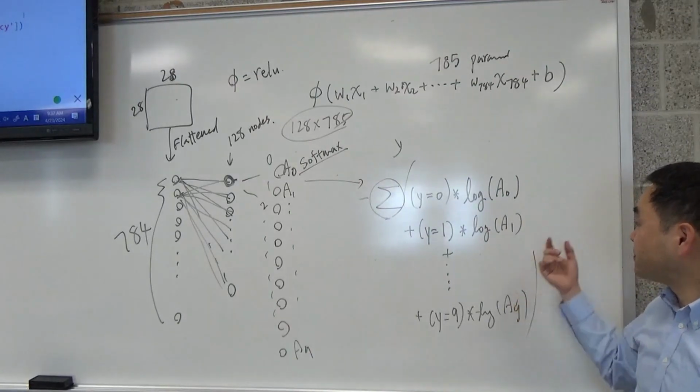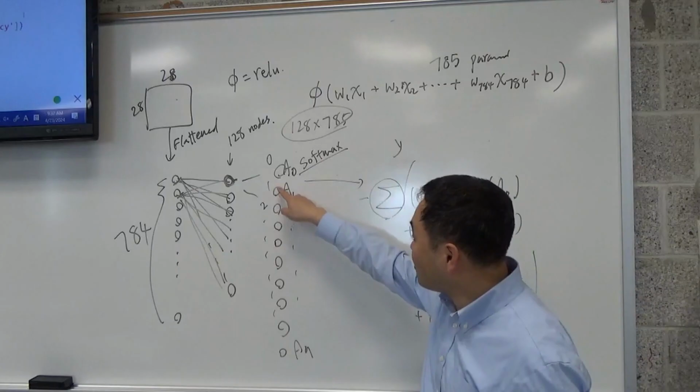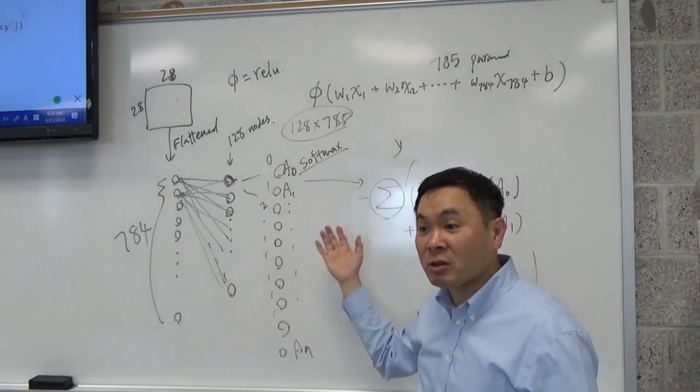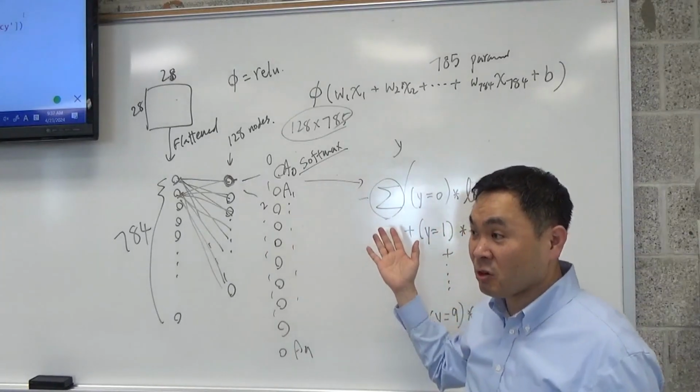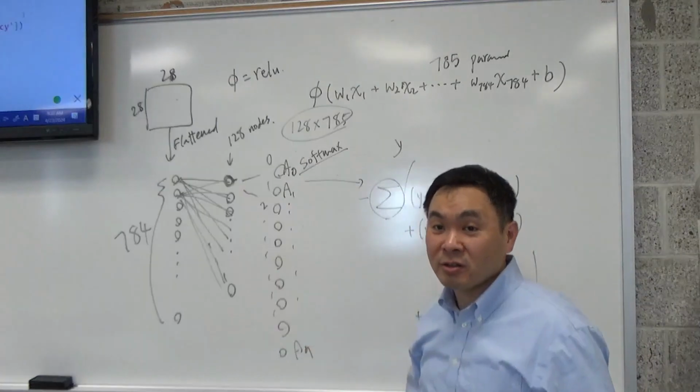So you want these outputs to be values between 0 and 1, and you also want their sums to be 1.